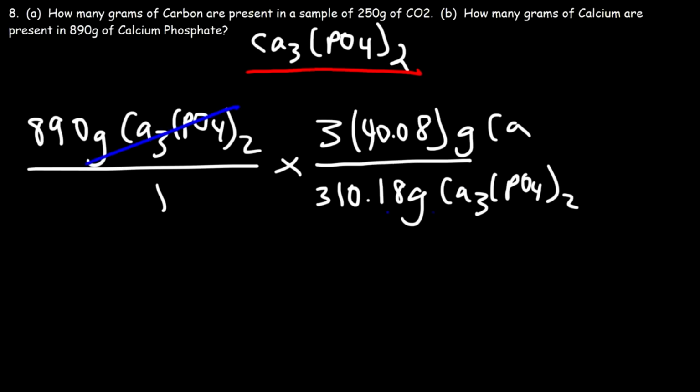And so these units will cancel, and it's going to be 890 times 3 times 40.08 divided by 310.18. And so the answer is going to be 345 grams of calcium.